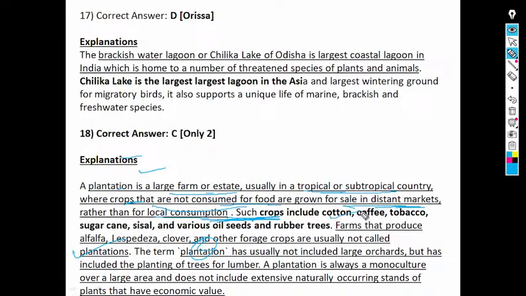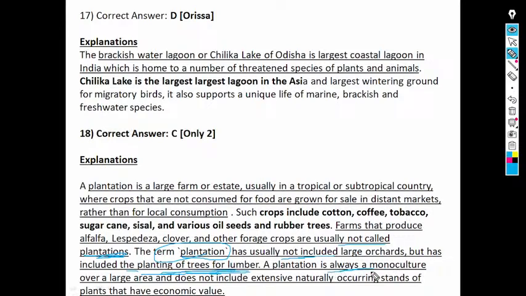Such crops include cotton, coffee, tobacco, sugarcane, sisal, various oil seeds and rubber trees. Farms that produce alfalfa, Lespedeza, clover and other forage crops are usually not called plantations. The term plantations has usually not included large orchards, but has included the planting of trees for lumber.